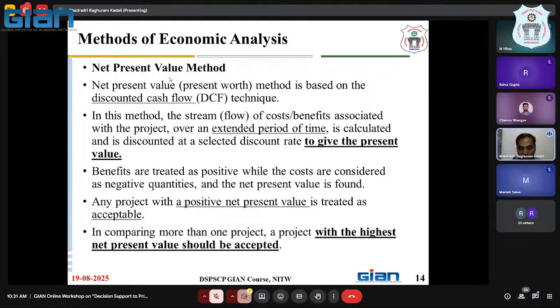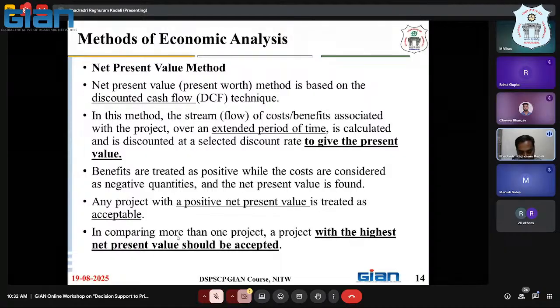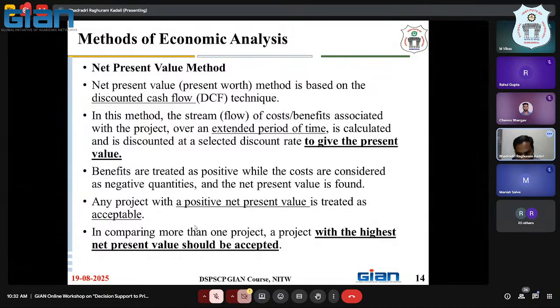So in comparing more than one project, the project with the highest net present value should be accepted. Which means that, compared with the first year rate of return, here you understand in more detail the cumulative value of the benefits over different periods of time, that is an extended period of time, given as corresponding present values. So what is the total cumulative value of the benefits?